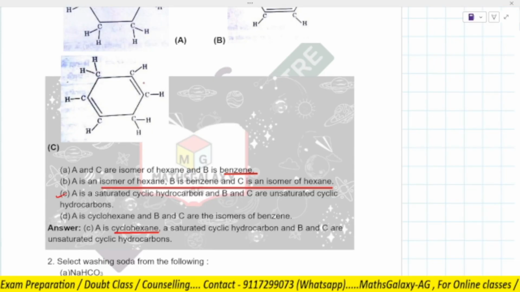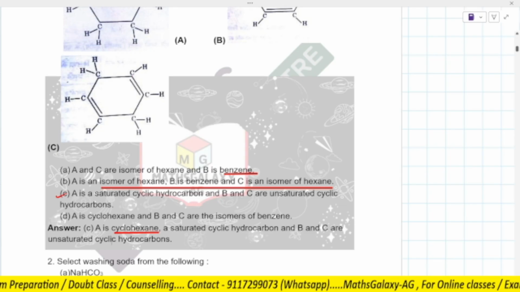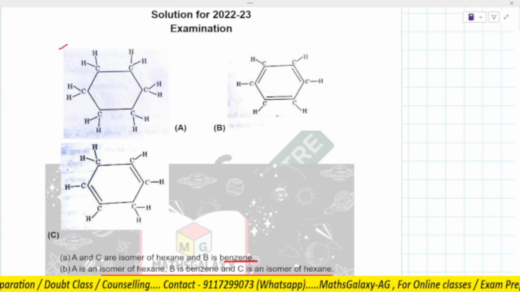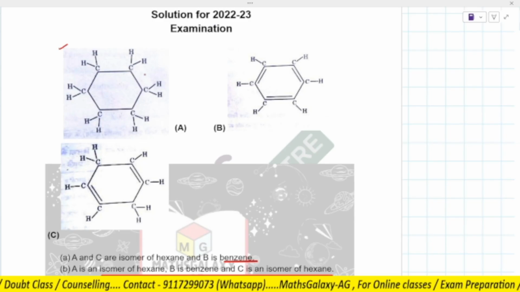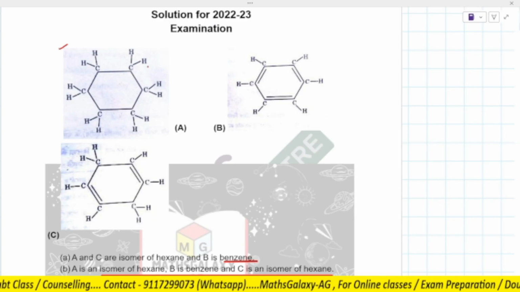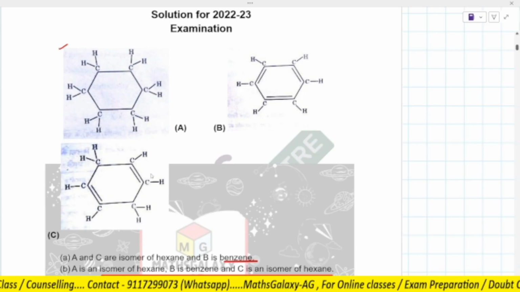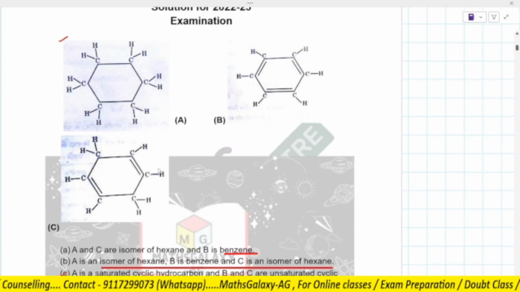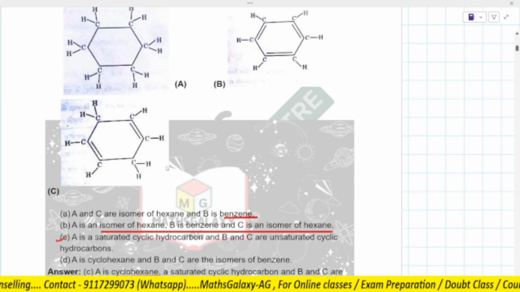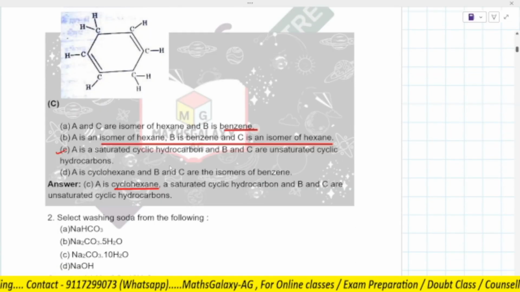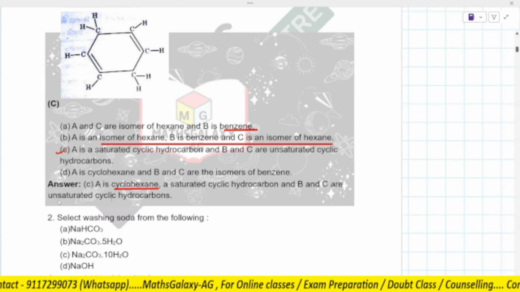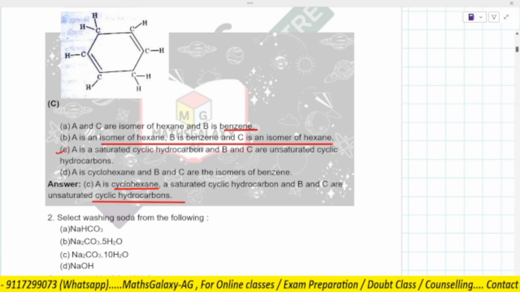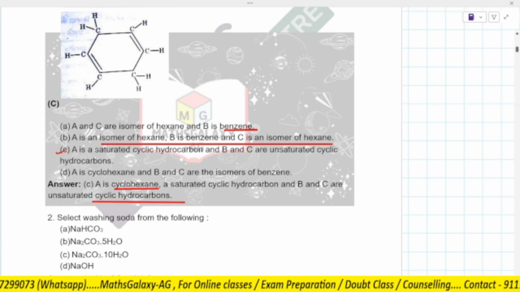When you put the total number of hydrogen and carbon in the general formula, you will get that it is an alkane group. But B and C are structures of unsaturated cyclic hydrocarbons. Is it clear?